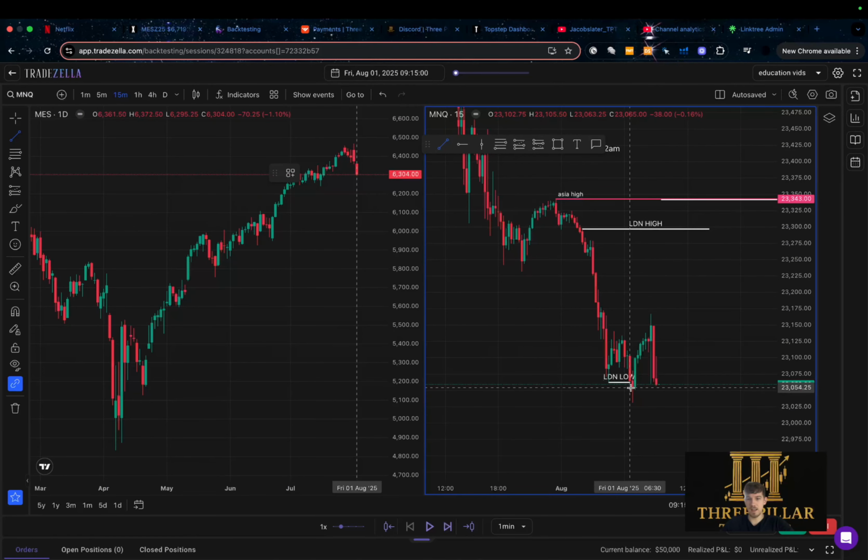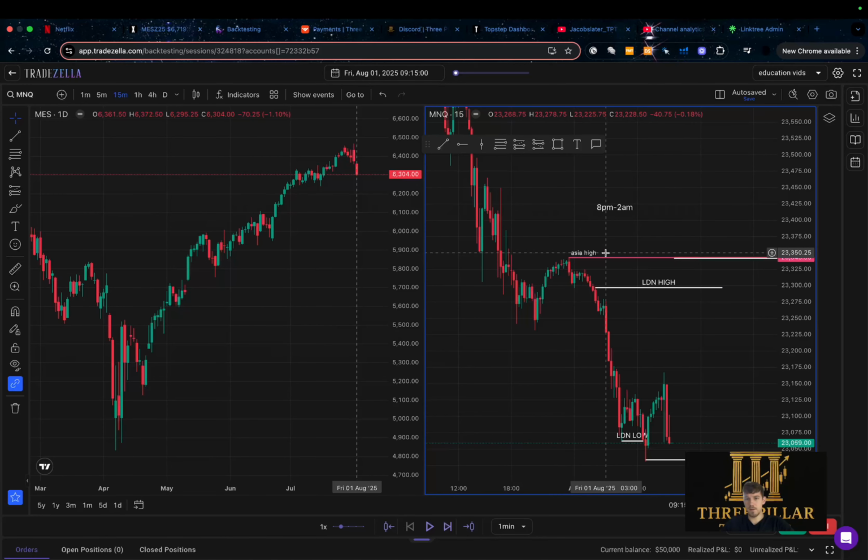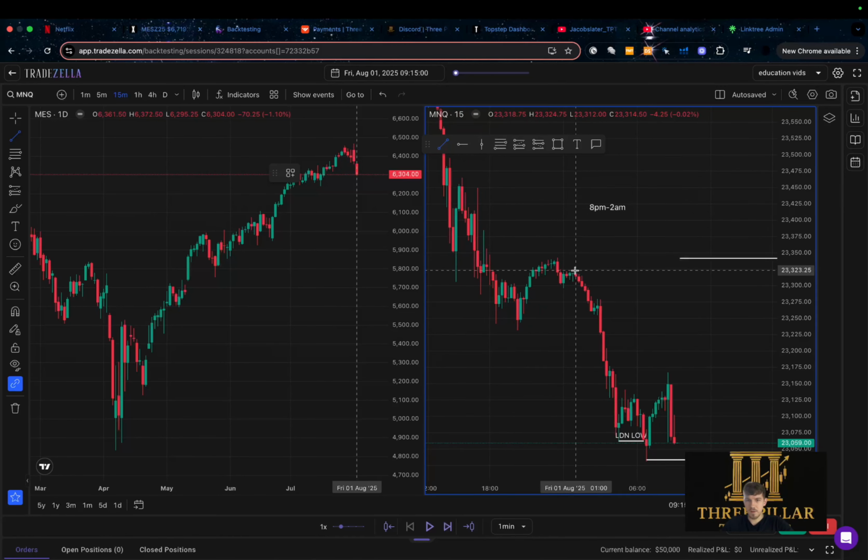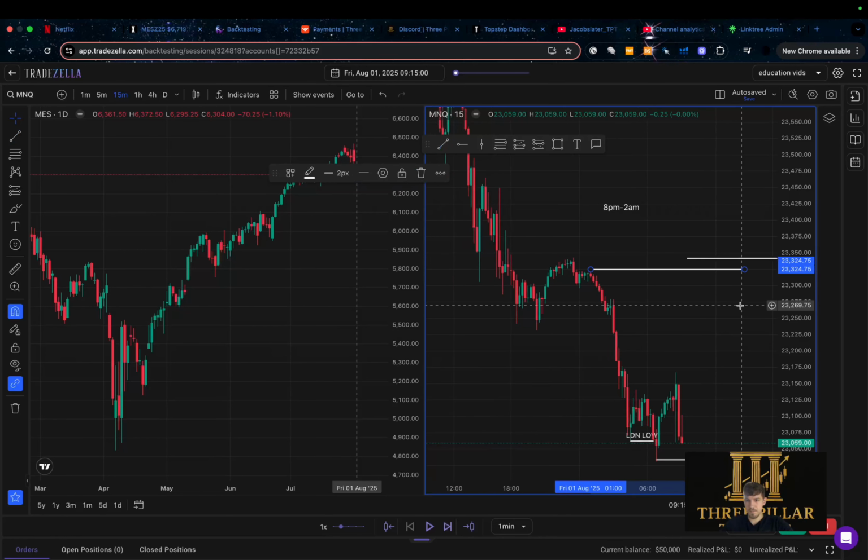So this is the daily low. Then you look again from 12. This would be a daily high. This candle here, that's your daily high, and that's your daily low.